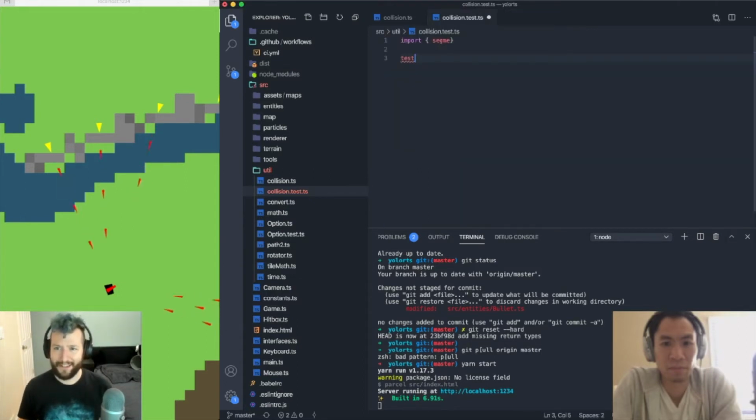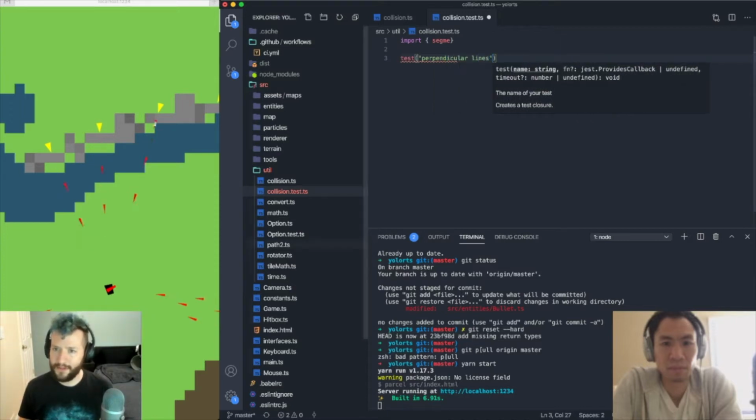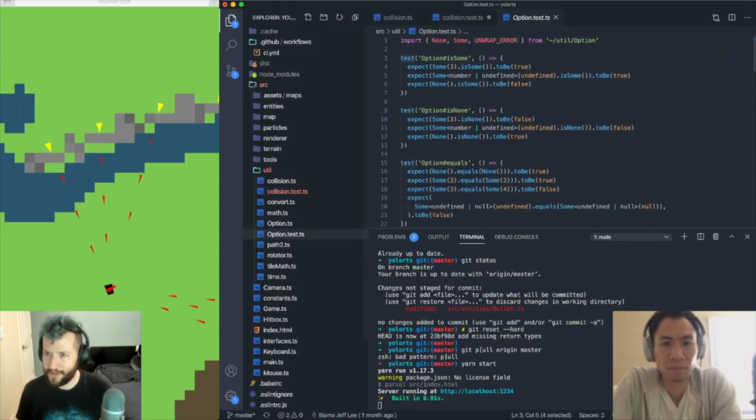So let's see. Test intersecting, let's say perpendicular lines. Did you use a test framework for this, or is this built in? This is Jest.